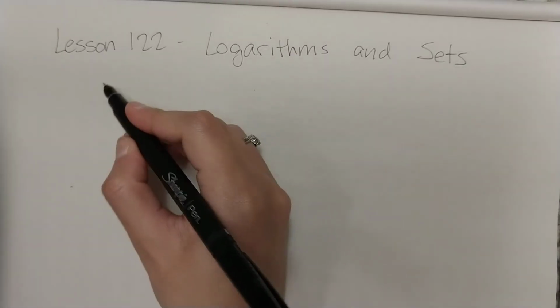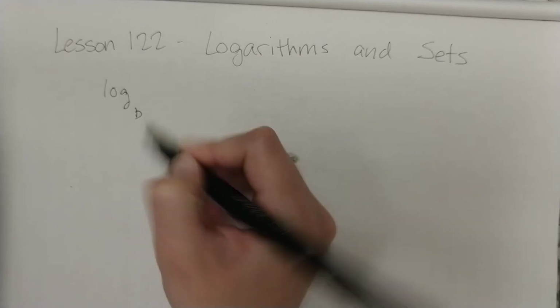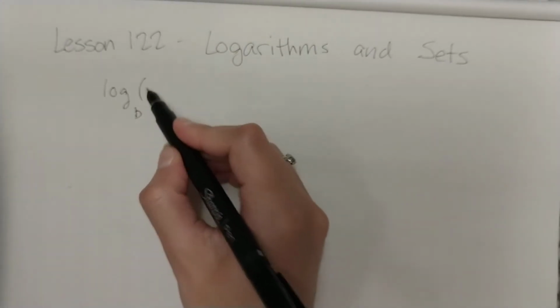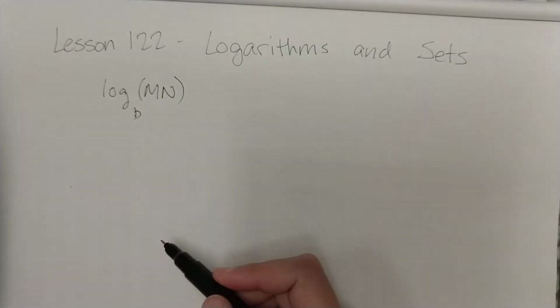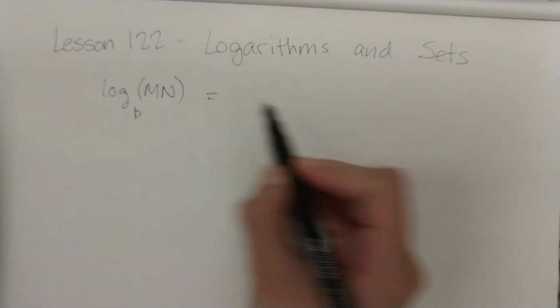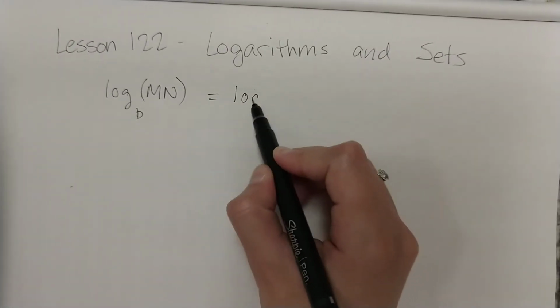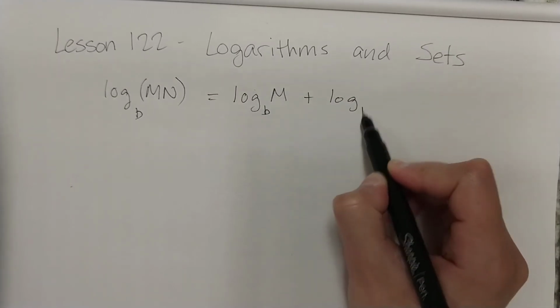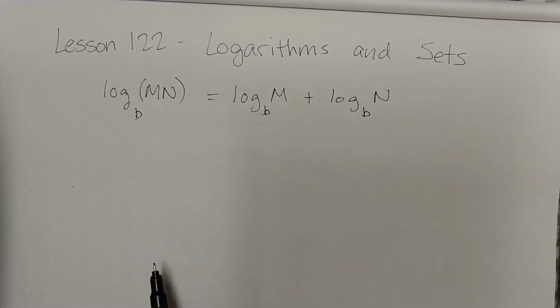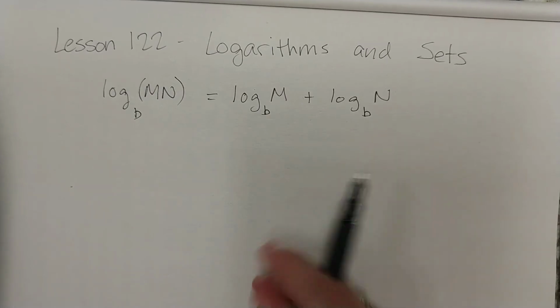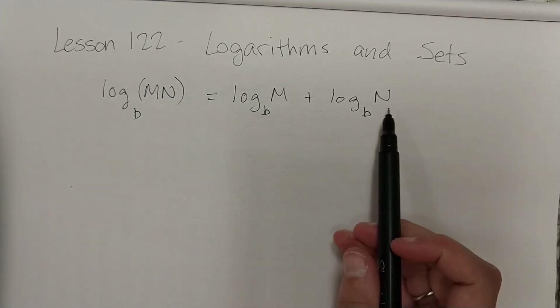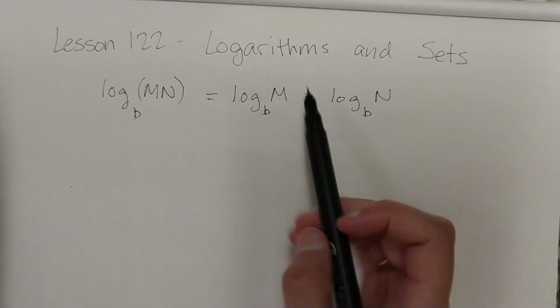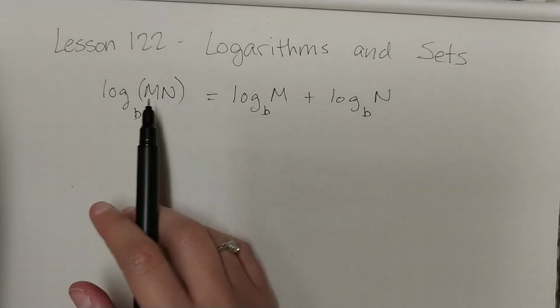So if we have the log, we've got our base here, and we have a number or a variable. We can also write the same idea like this. Alright, so if we're adding two logarithms with the same base, that means we multiply the numbers.